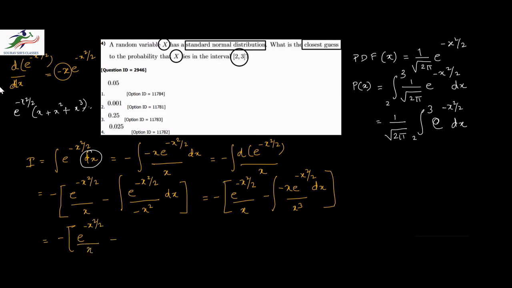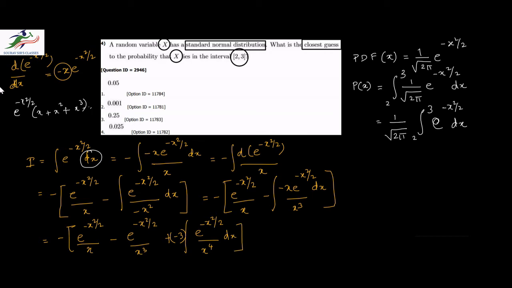So this can be written as minus of e to the power minus x square by 2 by x minus integral of d of e to the power minus x square by 2 over x cube, which will be e to the power minus x square by 2 over x cube, plus integral of e to the power minus x square by 2 and differentiating 1 by x cube will give us minus 3 over x4 dx.